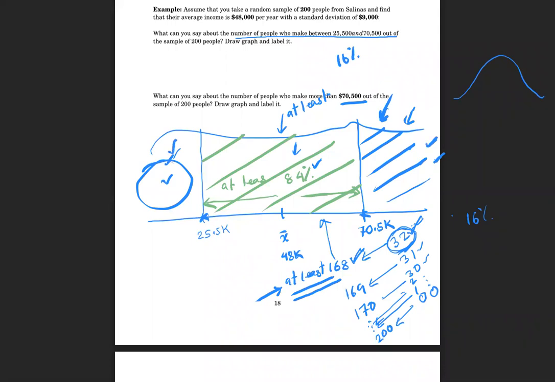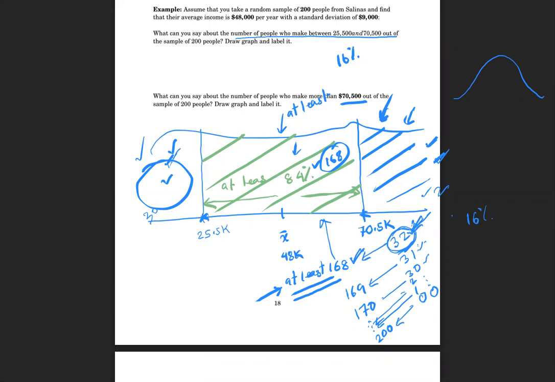Since there is no symmetry, since there is no mirror imaging going on here, it could be the case, let's say in the middle there is actually 168, then it is possible that all of the 32 is to the right, or it is even possible that all of this 32 is in the left. Also, it is possible that maybe half is to the right, half is to the left, or it's possible that there are 2 in the right and 30 in the left. We do not know for sure.